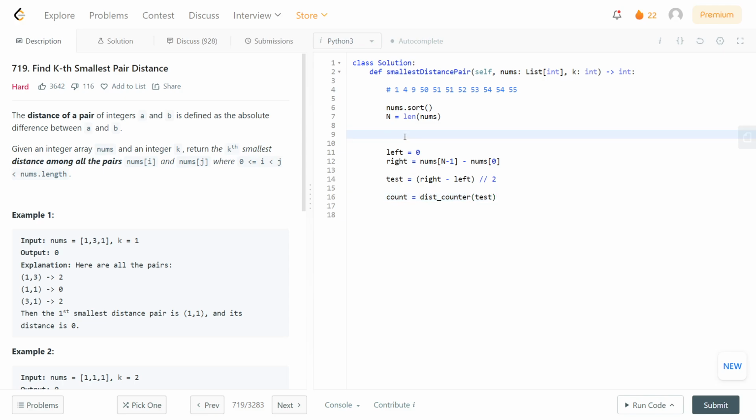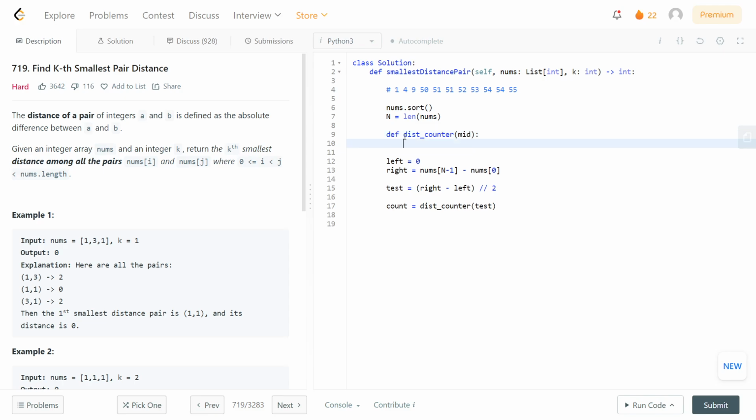Okay, let's implement this distance counter. So dist counter of, let's call it middle element here. We need to count how many pairs satisfy, so are less than mid, their distance.